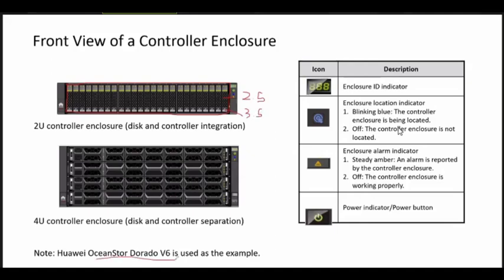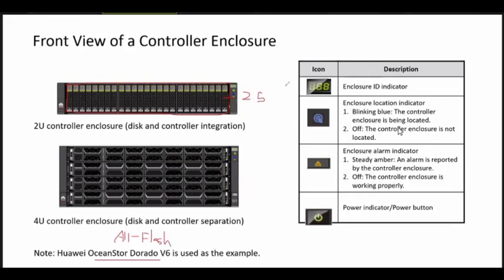If you're using OceanStor Dorado, by default, there's no 3.5. It's only 2.5, right? If you're using OceanStor Dorado. Because why? OceanStor Dorado is an all-flash controller. All-flash simply means it only can use SSDs, okay?